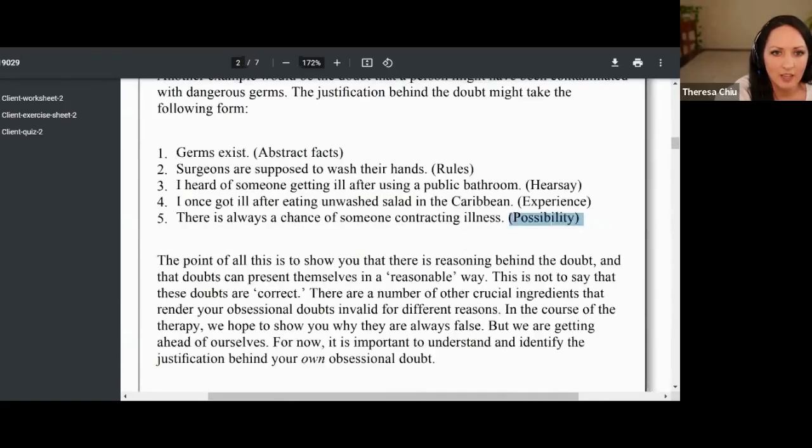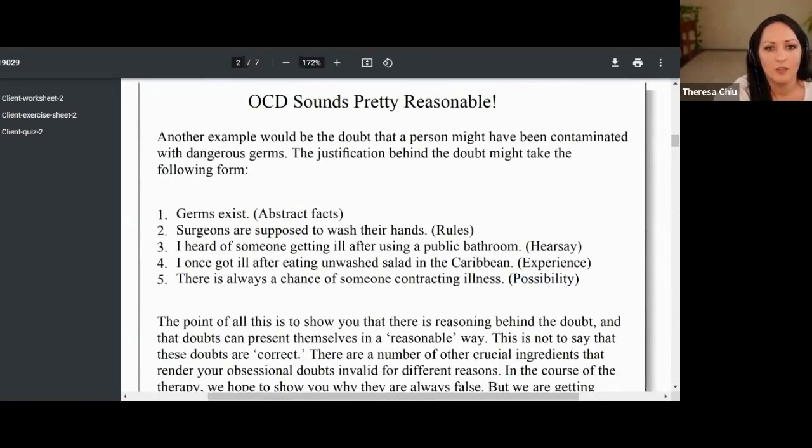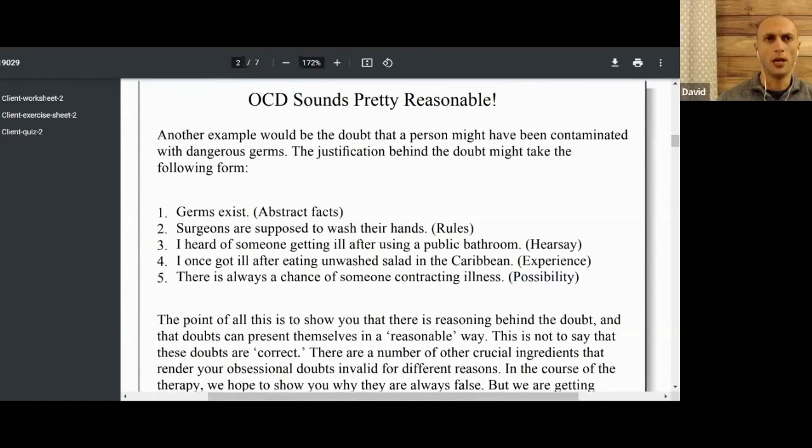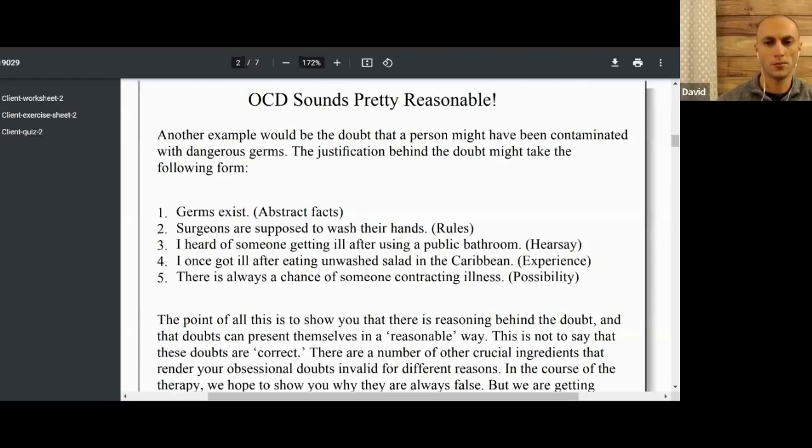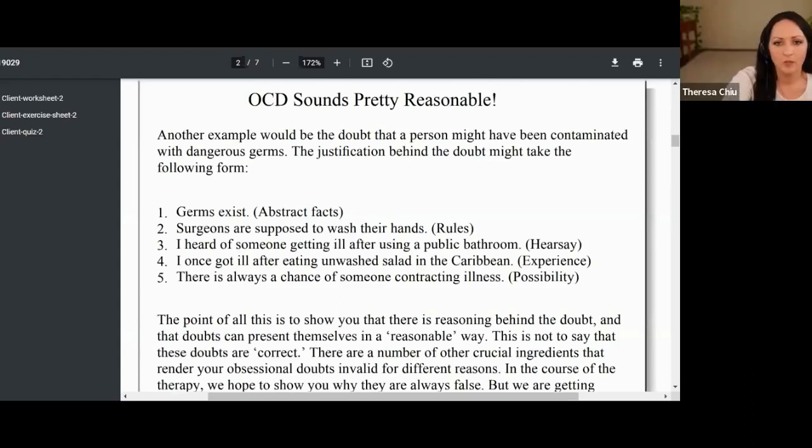Now let's look at what would be their abstract facts. Glass shatters easily. There's a lot of glass in the house. Kids trust me, and they're not going to check. What about some rules? This is a parent who has doubts and keeps checking.